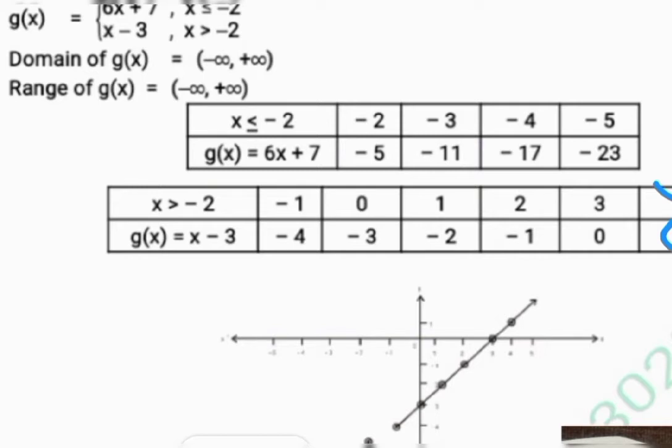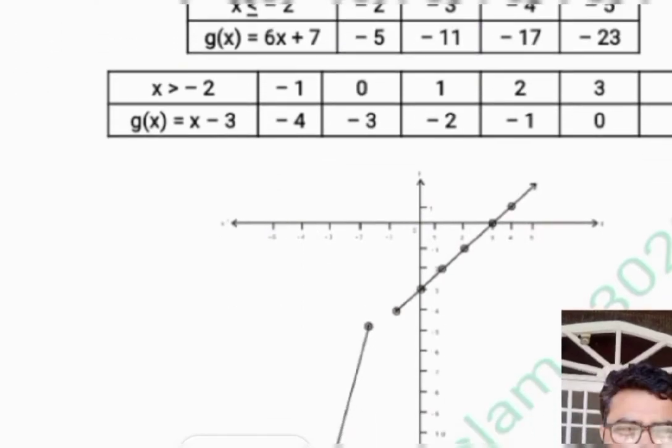As I have told earlier about the graph and made some graphs for you, but I am explaining in detail again. At -2 here is -5. The value of x is negative on the left hand side. Here is -2, and at -2 it's -5, so we will mark a point here.